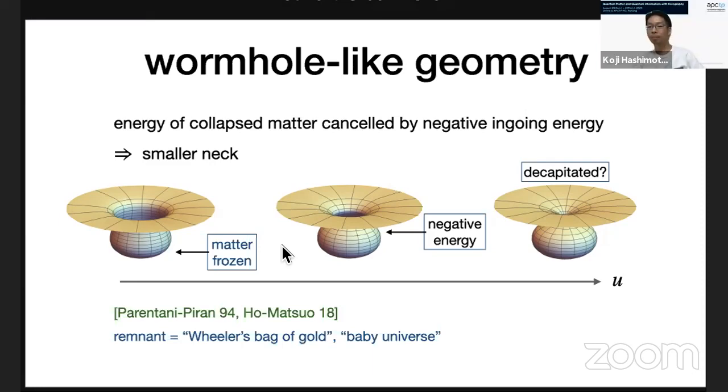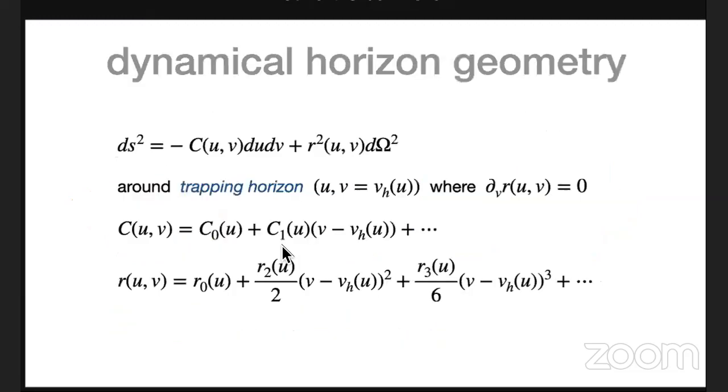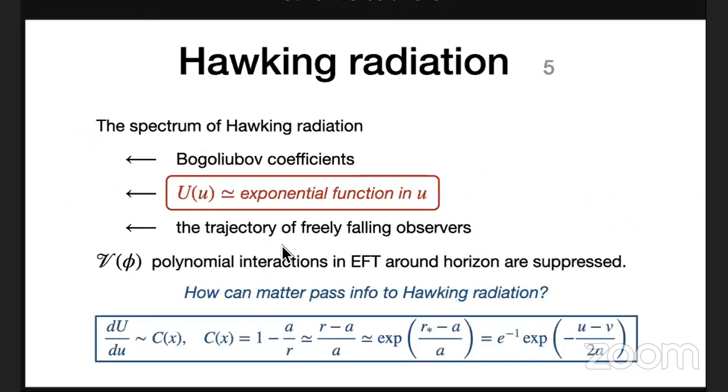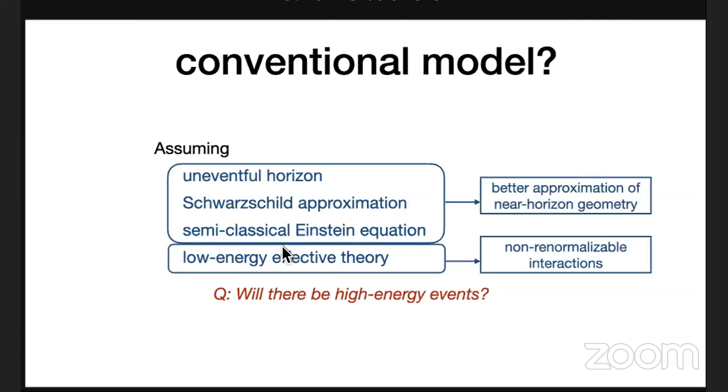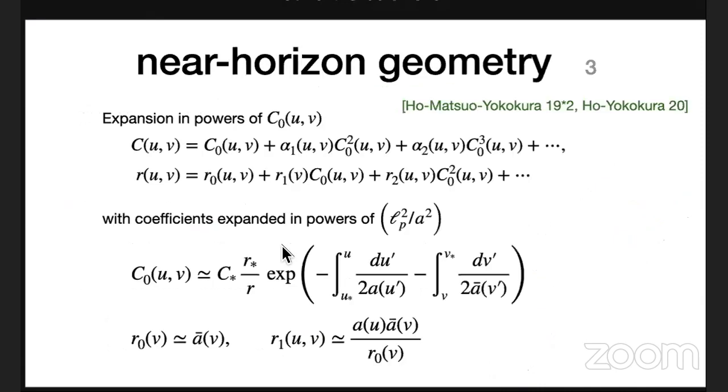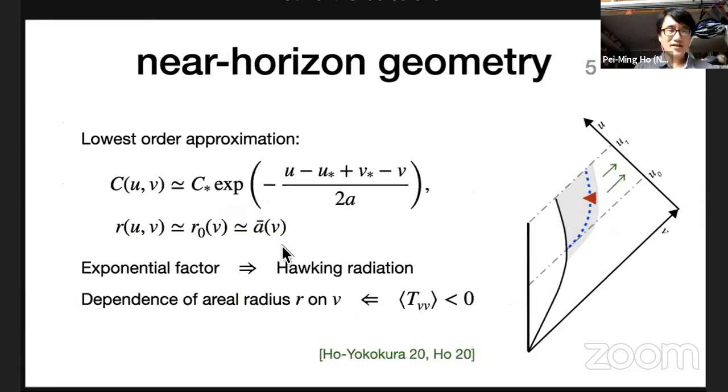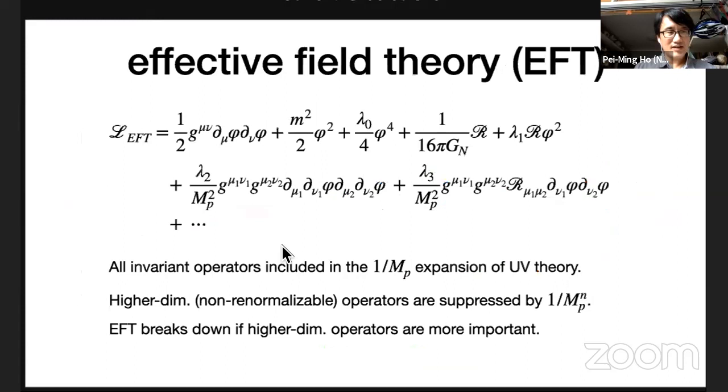Other question? I have one question. In your effective field action, you have lambda 1, lambda 2, and lambda 3. So what's the physical origin of these coupling terms? They are just low energy effective terms arising from a generic UV theory.